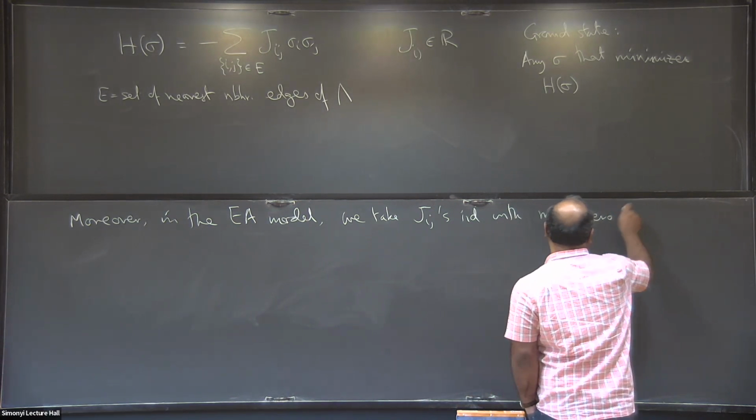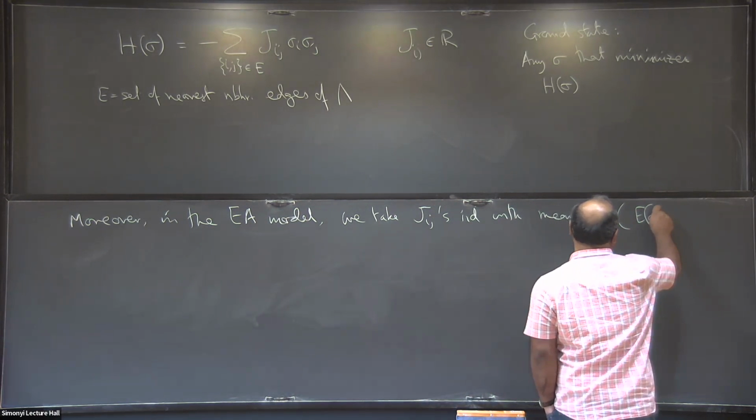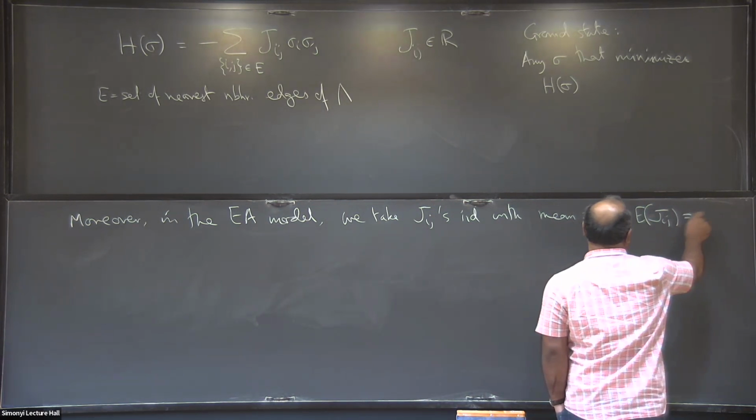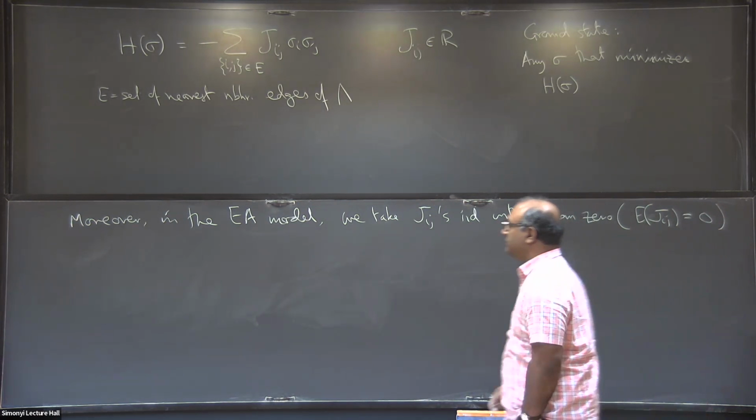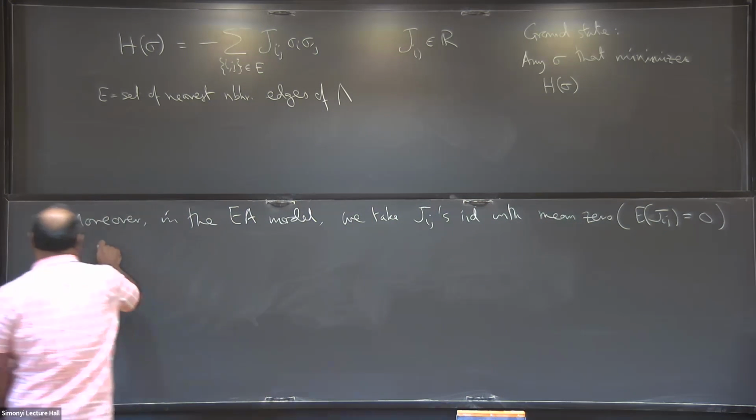Mean zero in probabilistic terminology just means that the expected value of Jij is zero.